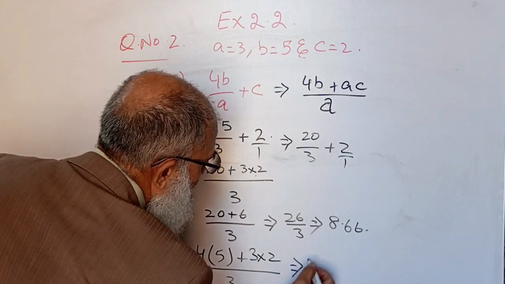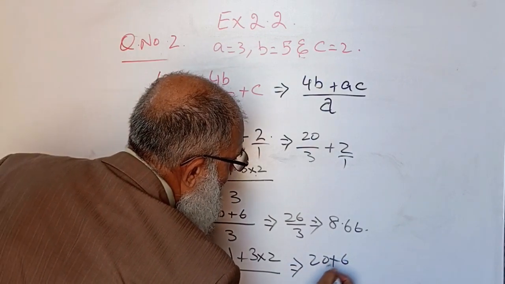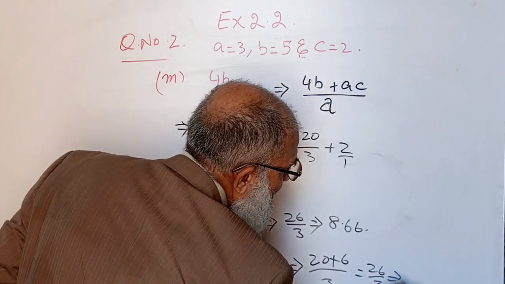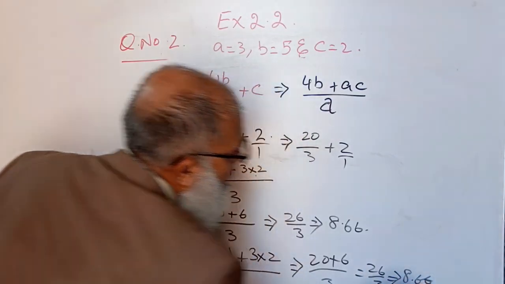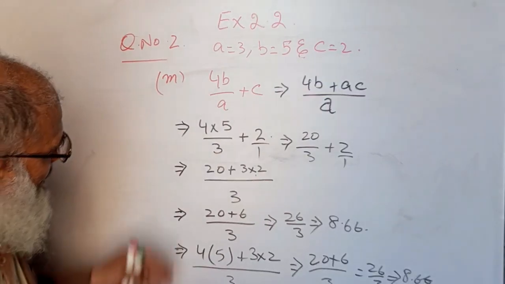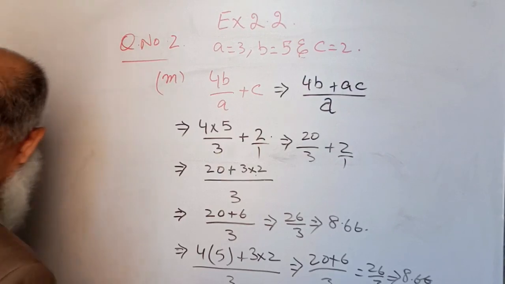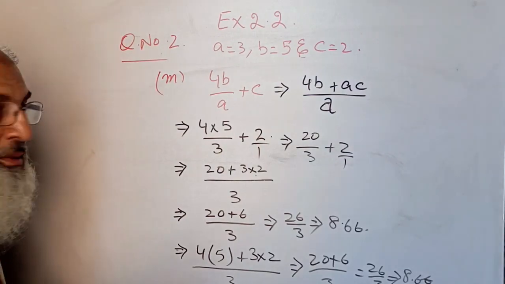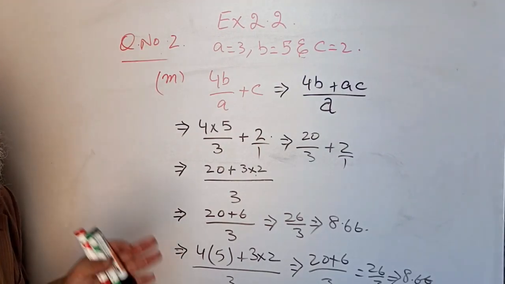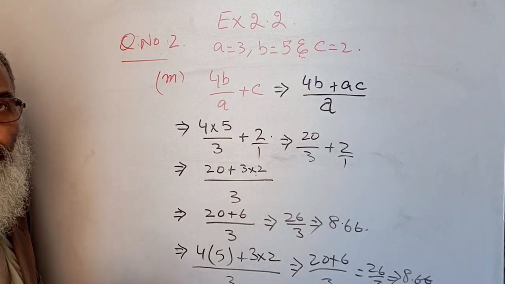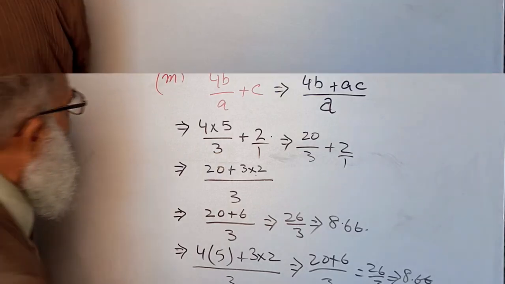It will become 20 plus 6 divided by 3, again equal to 8.66. So both ways are valid and you can do as you like, because one algebraic question, one trigonometric question can be solved in many different ways.